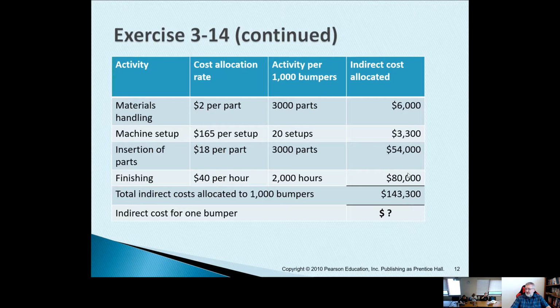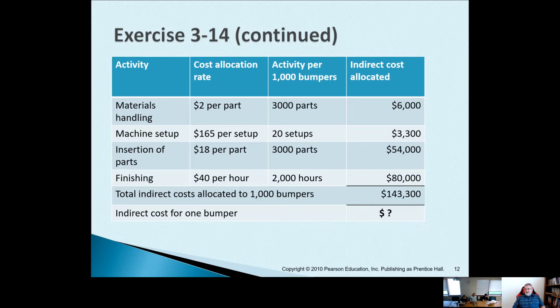This is how we broke it all down. So if we add our costs up here, now this was somebody making bumpers. In making bumpers, we had material handling involved. We had machine setups involved. We had inspection of parts involved. We had the finishing, the guy who sprays that chrome on the bumper. So our total indirect allocation was $143,300, and we had a total number of bumpers of 1,000.